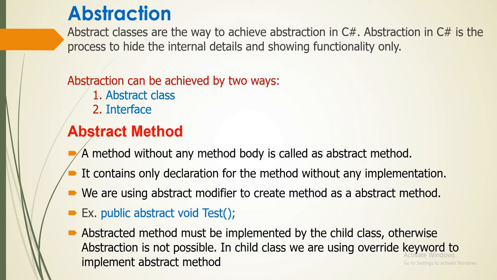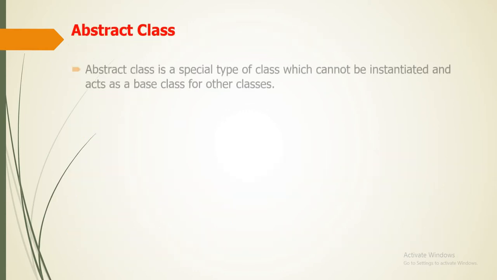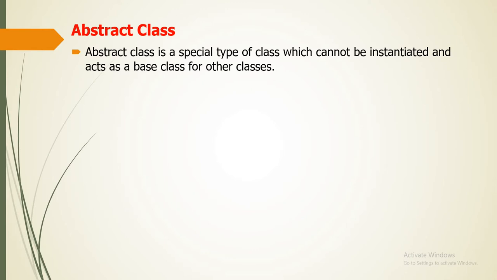Now I am going to talk about the abstract class. An abstract class is a special type of class which cannot be instantiated and acts as a base class for other classes.